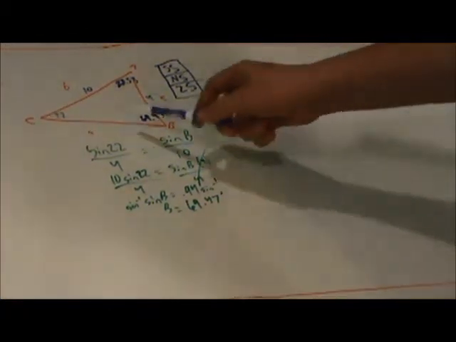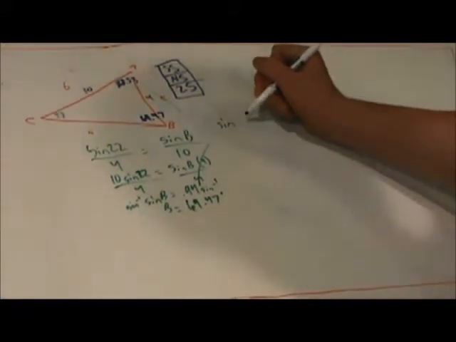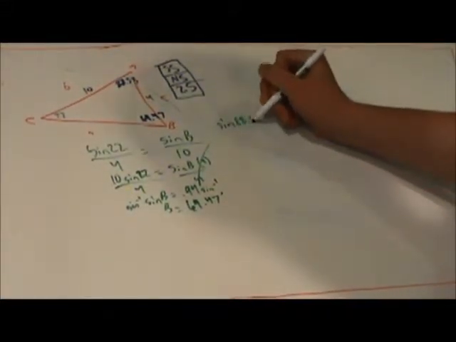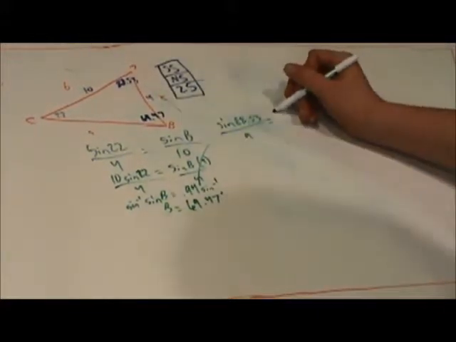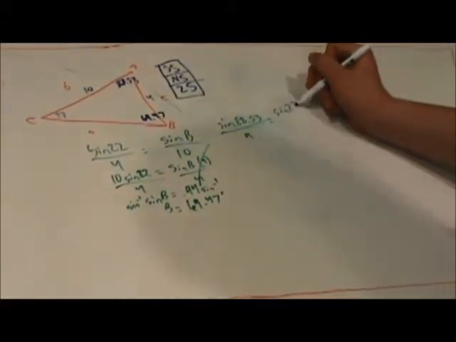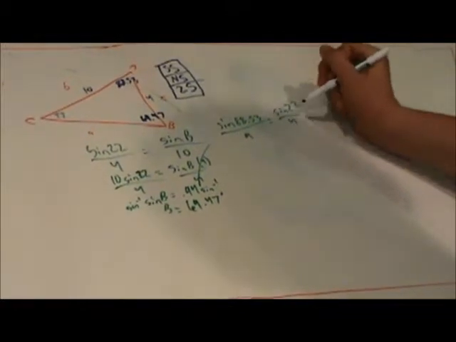Now we can use the law of sines again to figure out what the length of A is. So to do that, we do the sine of 88.53 over A equals the sine of 22 over 4.